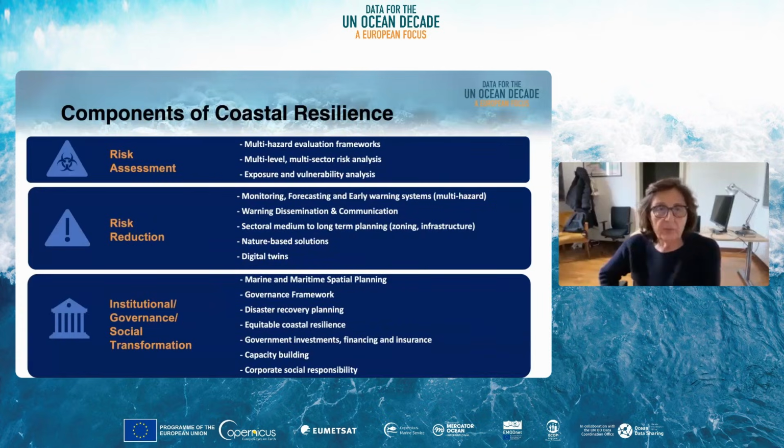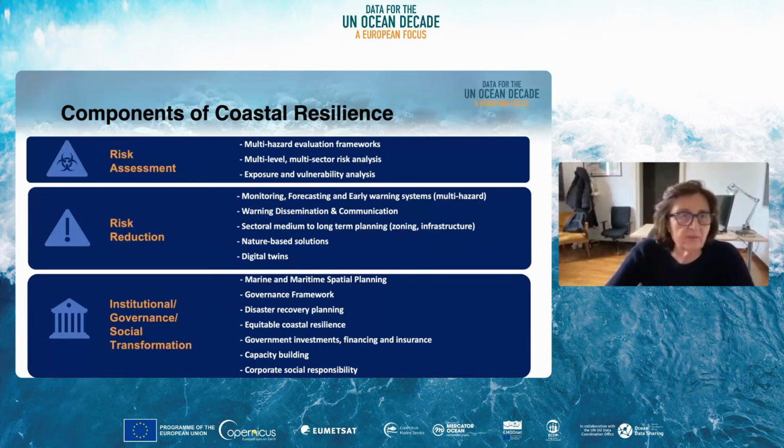So the components of coastal resilience, we tried to schematize into three parts, which is the risk assessment, the risk reduction, and the institutional governance. Social transformation has to follow, or maybe in some cases we see already precedes the setting up of infrastructures for risk assessment and risk reduction.